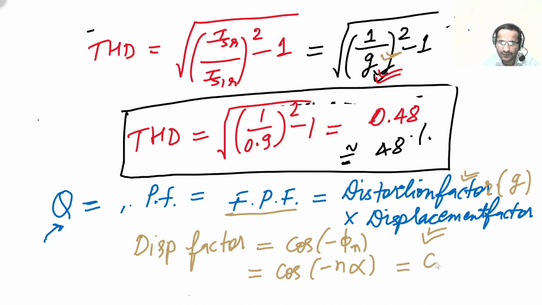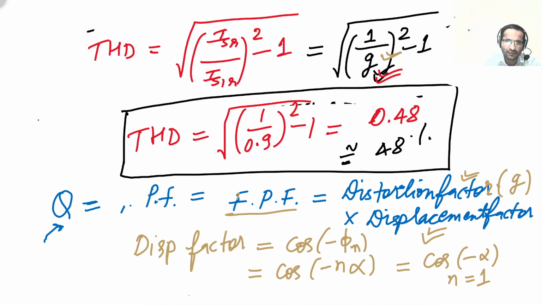So it is cos of minus alpha for n equals 1, and that's why it is called the fundamental power factor. Here we are interested in finding the power factor of the 50 Hertz current, indirectly the angle between the 50 Hertz voltage and the 50 Hertz source current. That's why we put n equals 1 here. So this is the displacement factor.